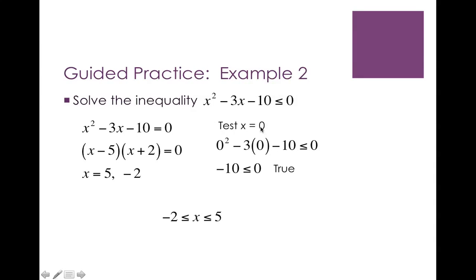So since my test value gave me a true statement, and my test value was a value between my two numbers, then I know it's all of the x's between the two roots that are going to be my solutions. And notice here, because we started with an inequality that was less than or equal to, we include less than or equal to in our solution.